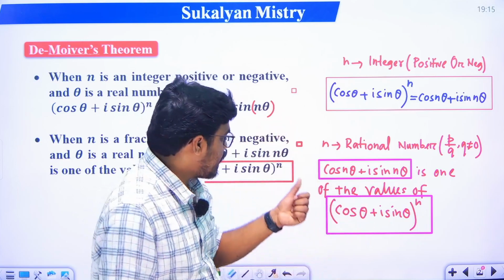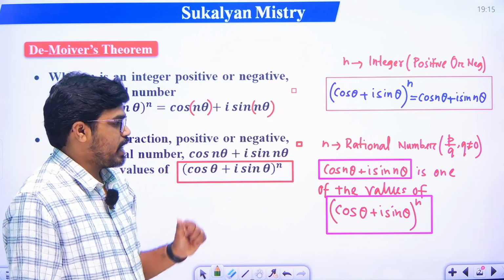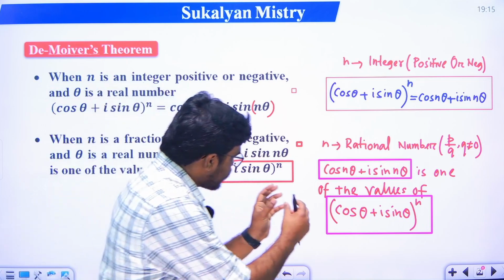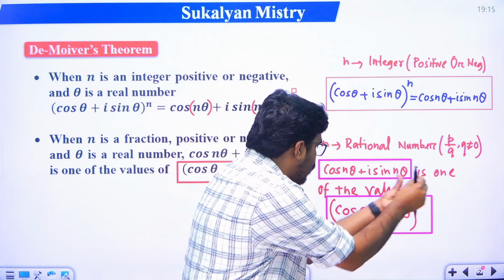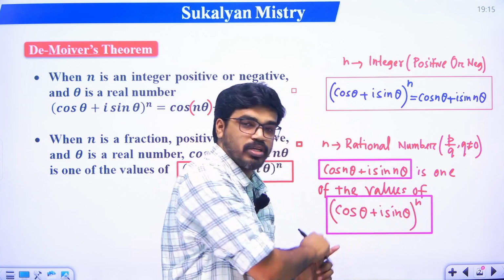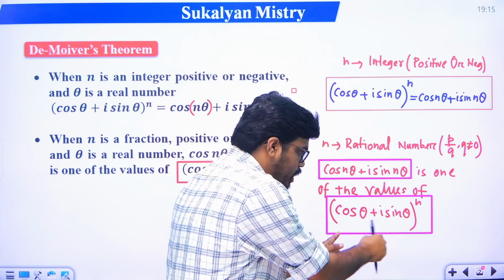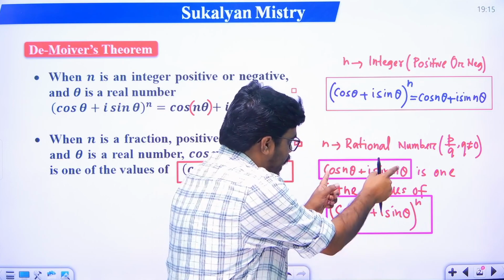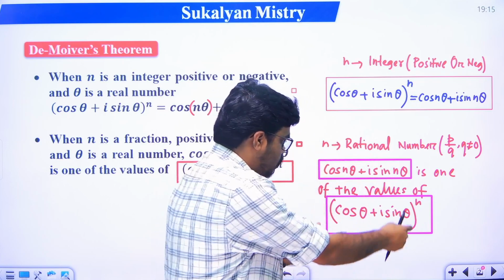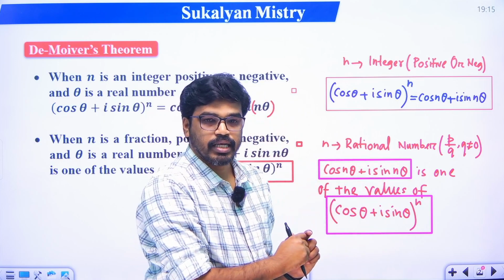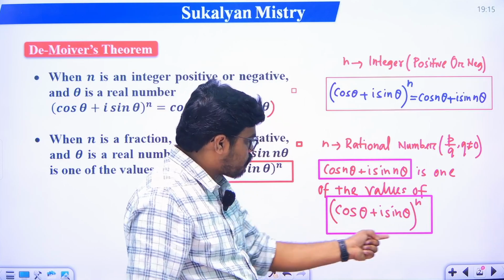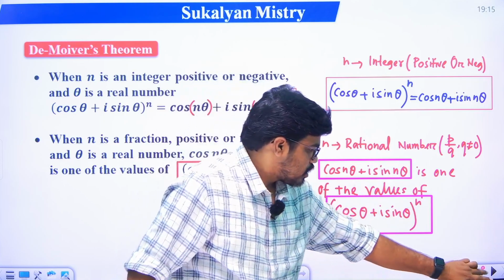That is, we get only one answer, right? But when n is a fraction, then cos n theta plus I sin n theta is one of the values of this expression. It has many values, and this is one of them.